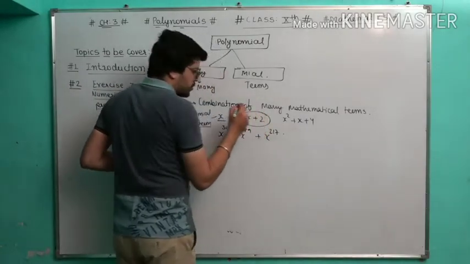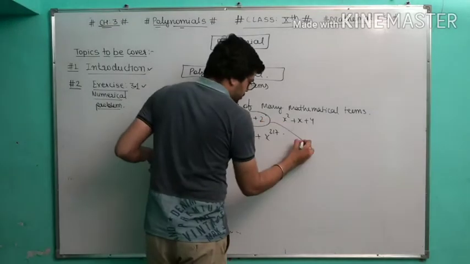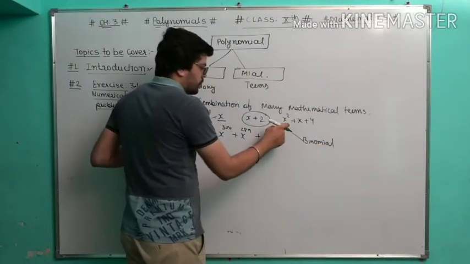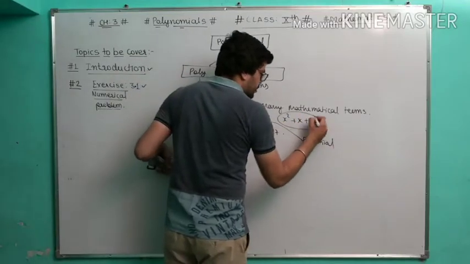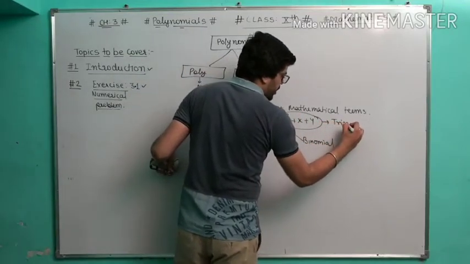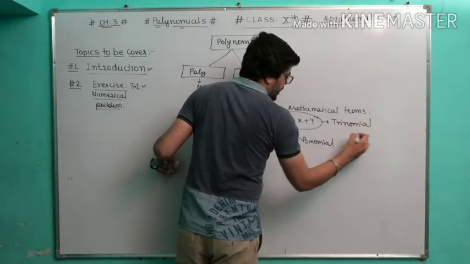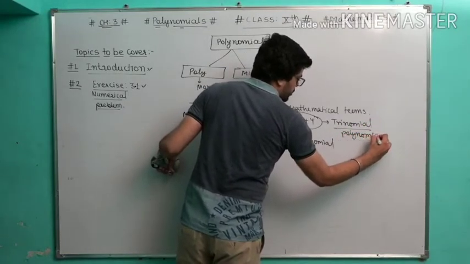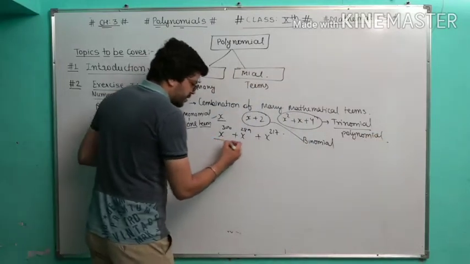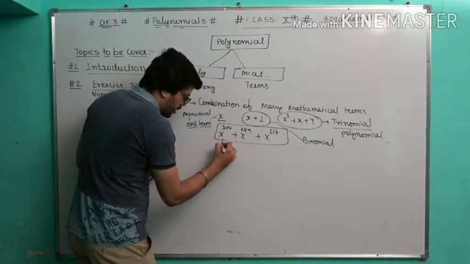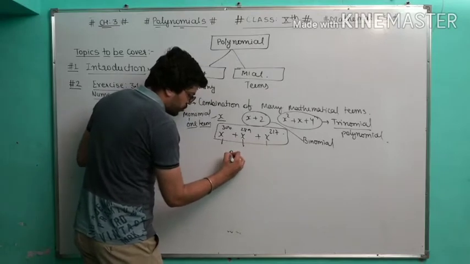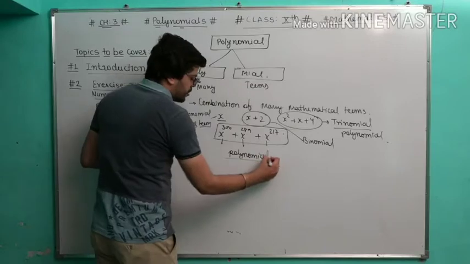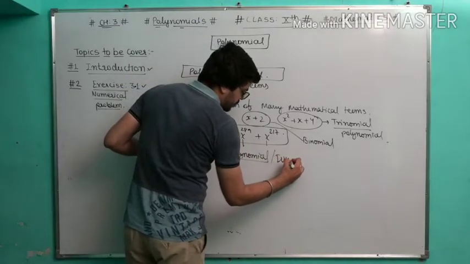How many terms? Two terms. It is called a binomial. 1, 2, 3: how many terms? 3 terms. It is called a trinomial, or you can say a polynomial. Here also, how many terms? 1, 2, 3. So it is also called a polynomial, or also you can say a trinomial.